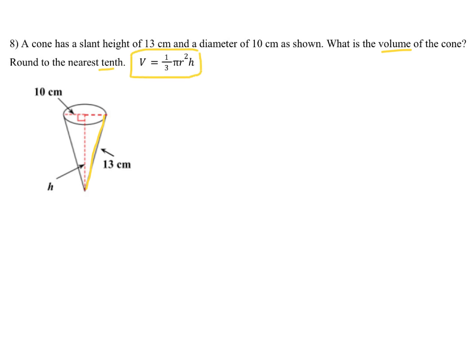So thinking back when we use these formulas, we need 1/3 times pi times the radius squared and the height. We need the height that goes right to the base of the cone. So I'm going to do the line in purple. We need that height for the problem.